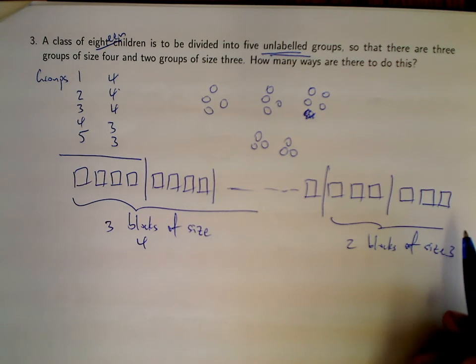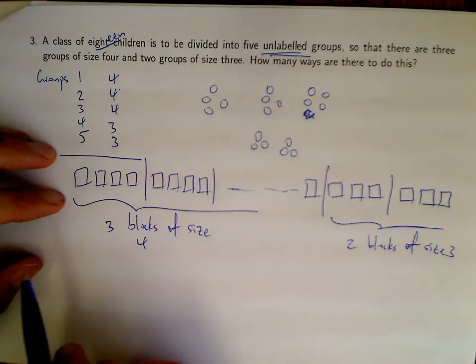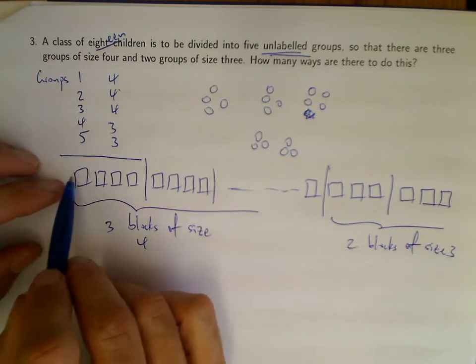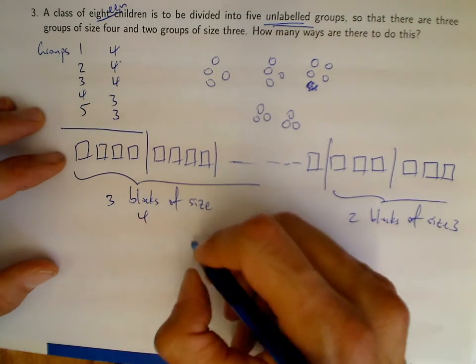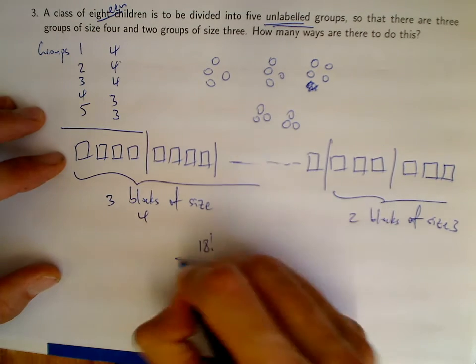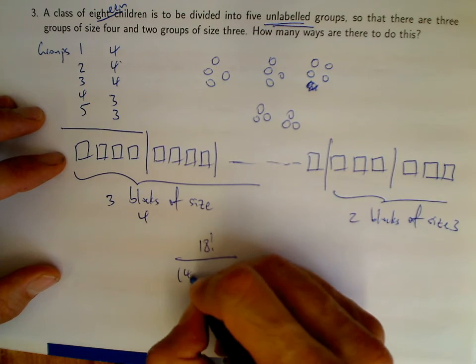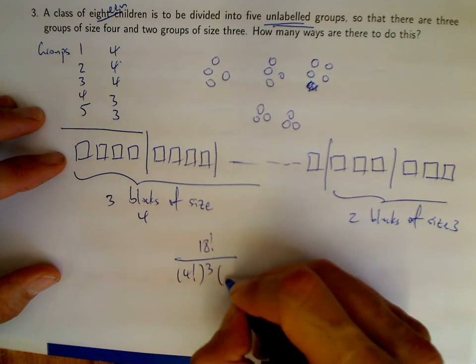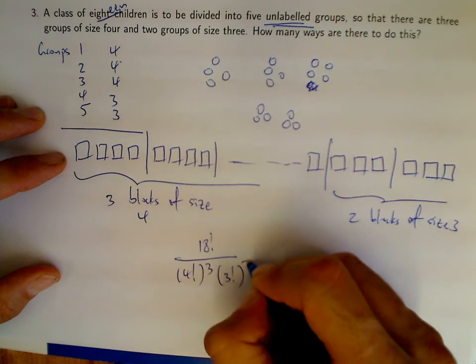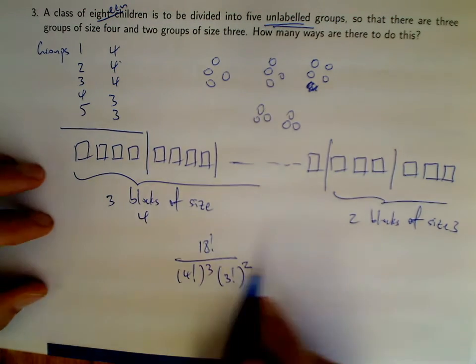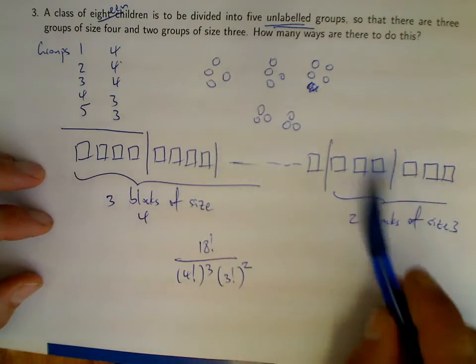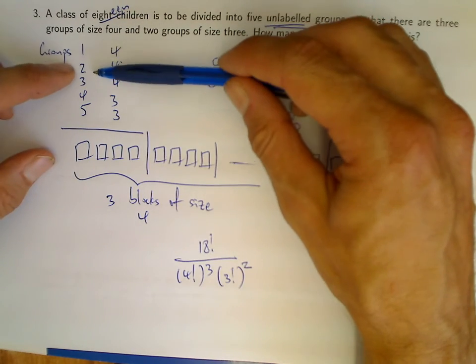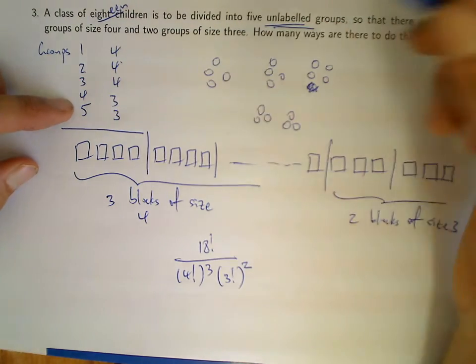Okay, and so we're going to fill in these boxes with the children, all right, and then essentially we get 18 factorial over 4 factorial cubed times 3 factorial squared. Okay, so that's the number of ways to fill these in, so that we'll classify them into groups 1, 2, 3, 4, and 5.